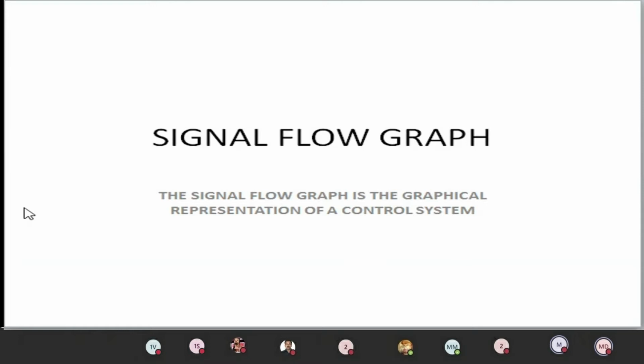In a block diagram, you represent the control system by different blocks and utilize certain rules. Similarly, in a signal flow graph, you represent graphically each component of a control system with its particular gain. The goal is the same, to determine the transfer function, but only the method is different.